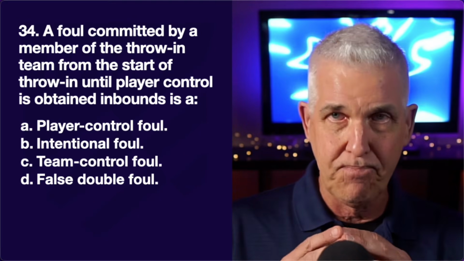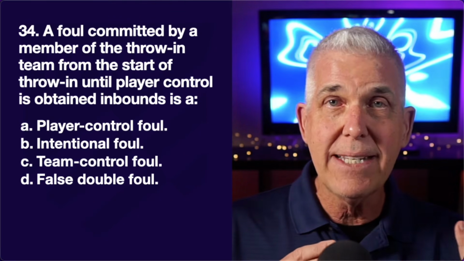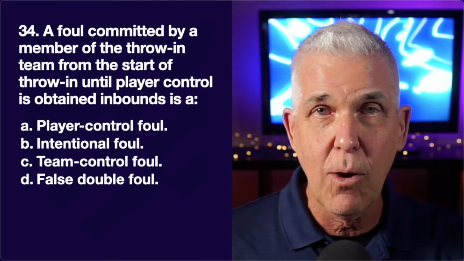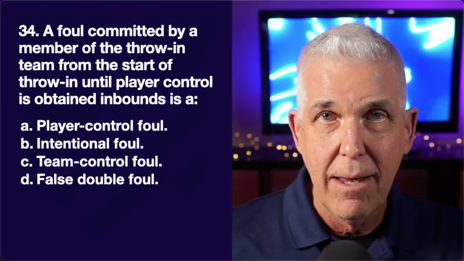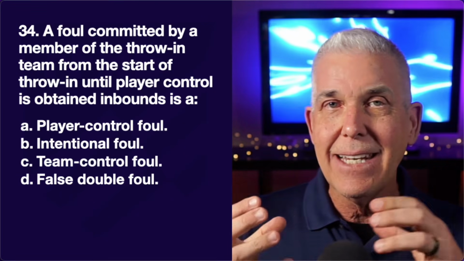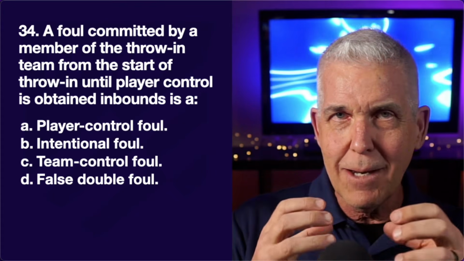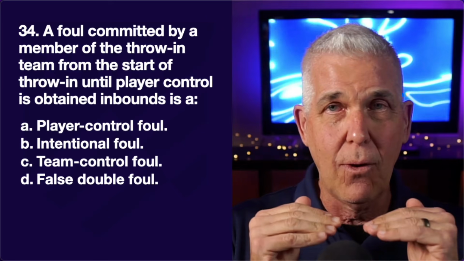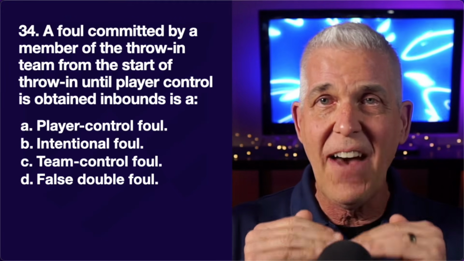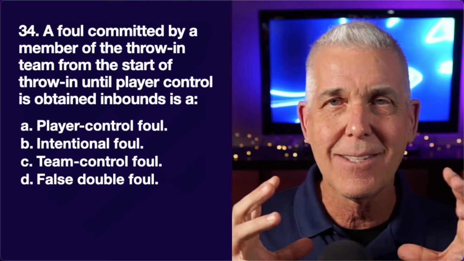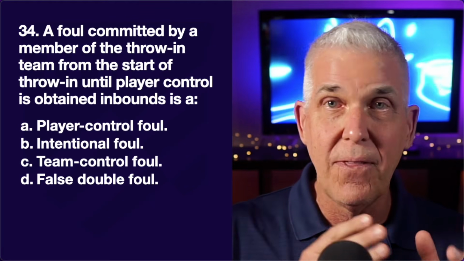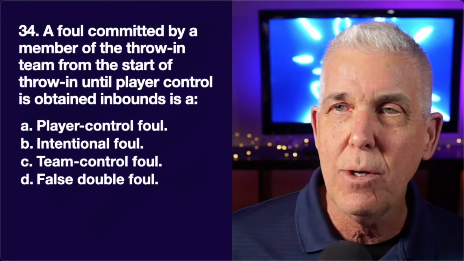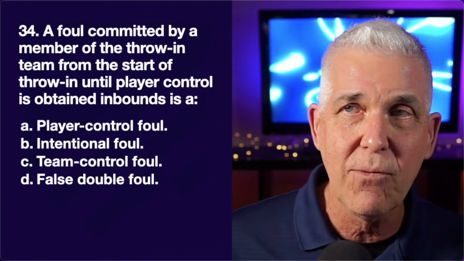Remember, we've given the throw-in team control when the ball is placed at the disposal of the thrower for a throw-in. And until a player has gained control inbounds, that team remains in team control for the administration of fouls until somebody on the court gains player control and thus establishes team control on the court. So our correct answer here would be C.